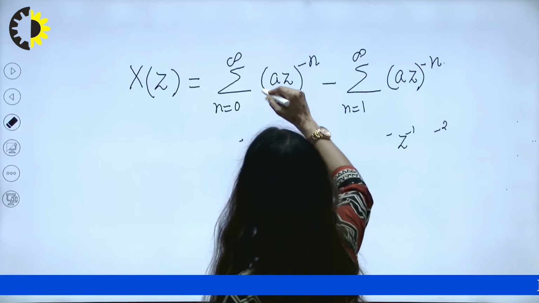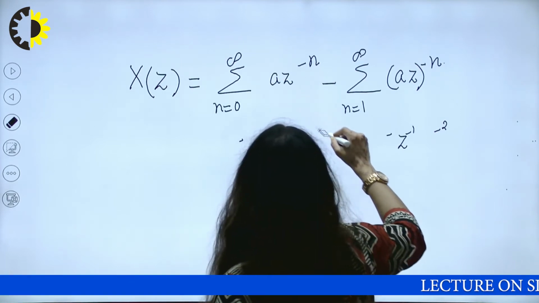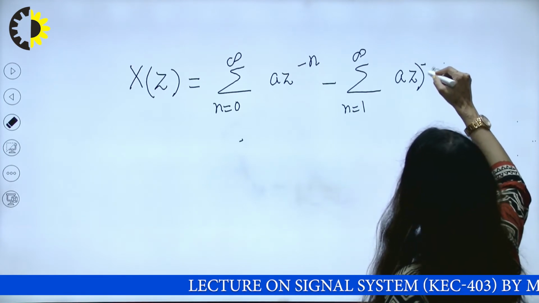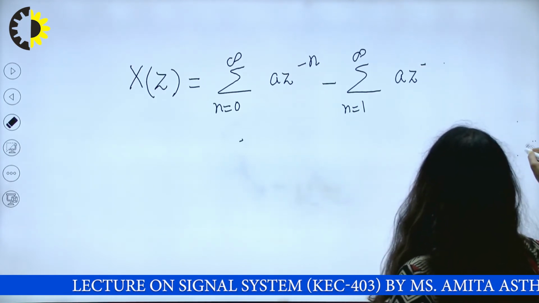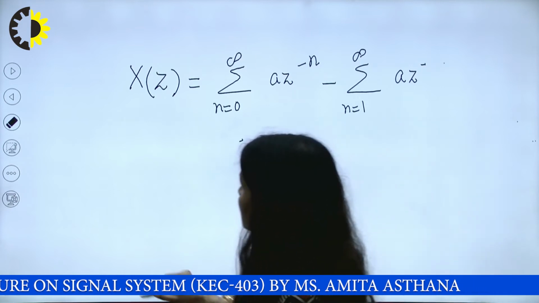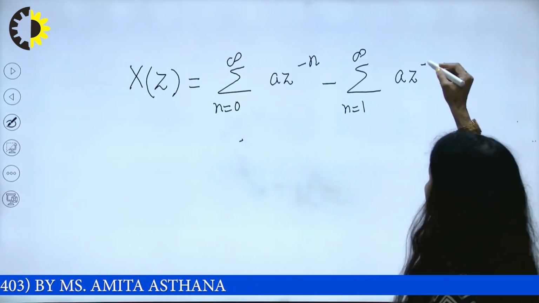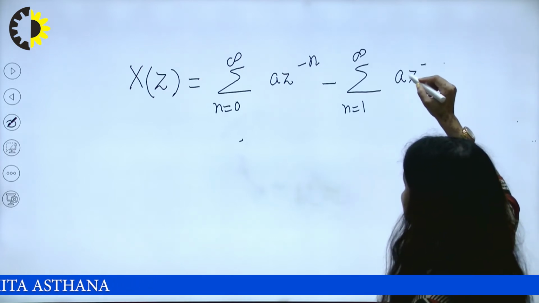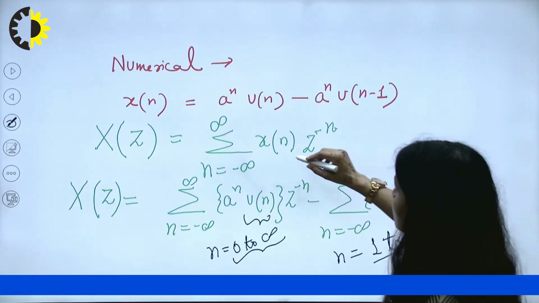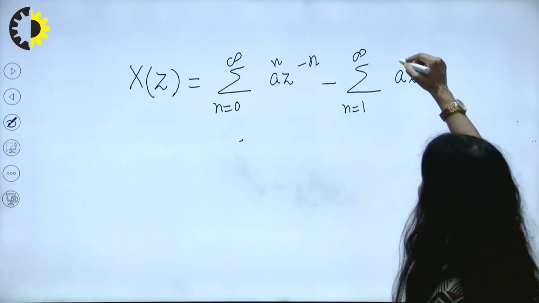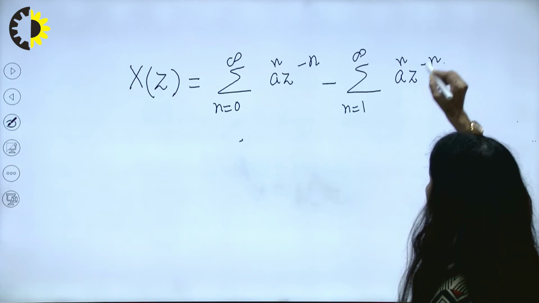The power is not with z inverse here; this is a raised to the power n and z raised to the power minus n, like this.